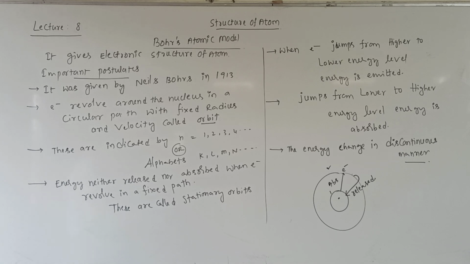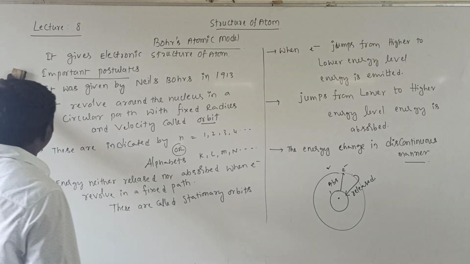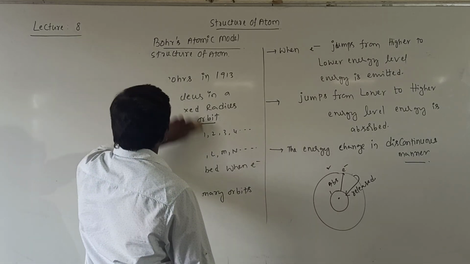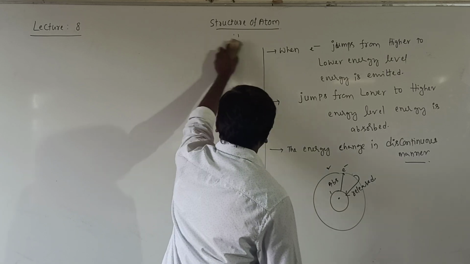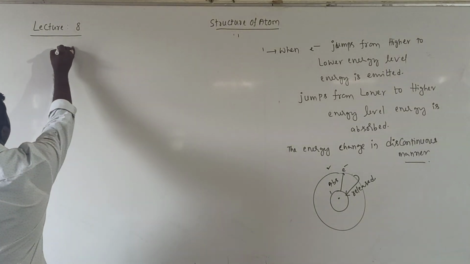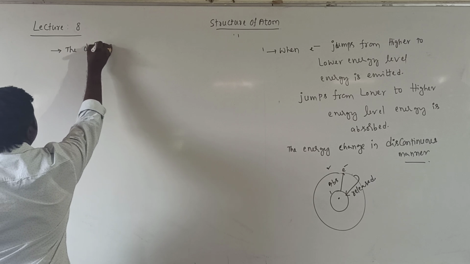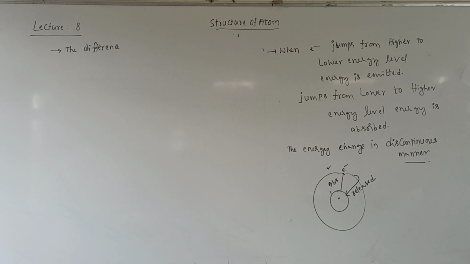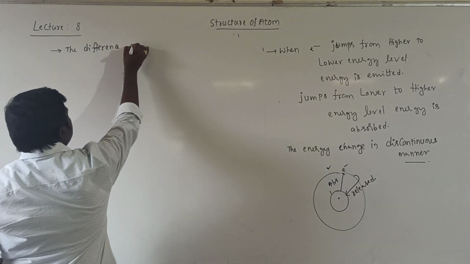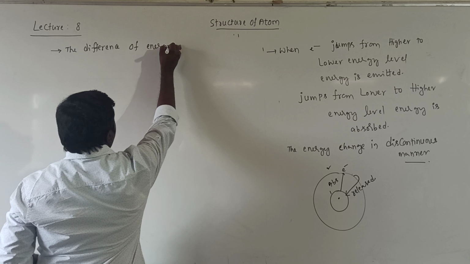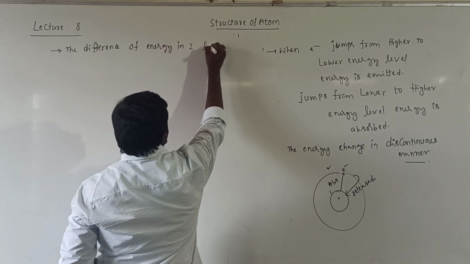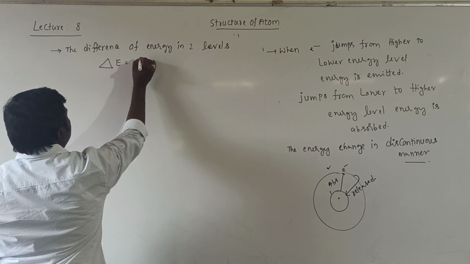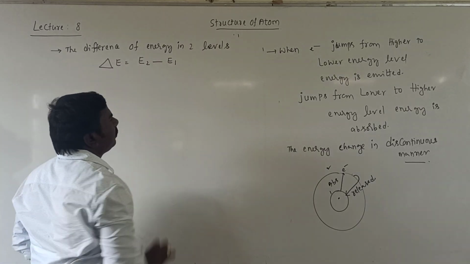Next, the energy difference between two levels, the difference of energy in two levels, is taken as delta E, indicated as E2 minus E1.